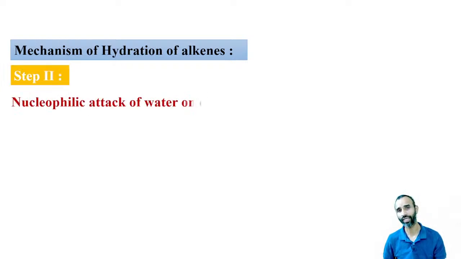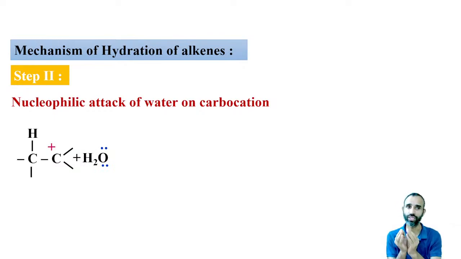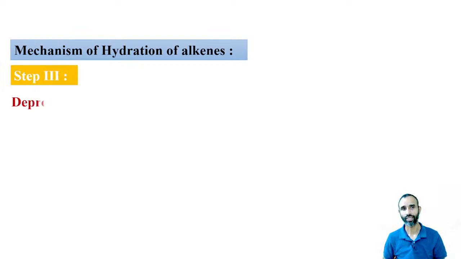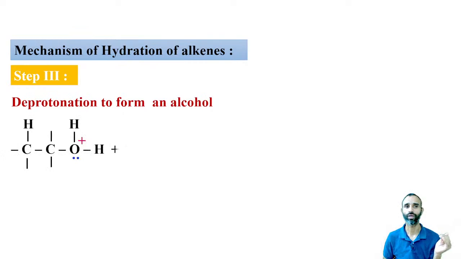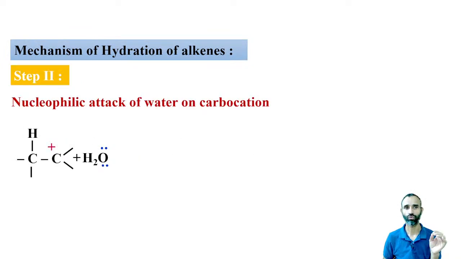And after getting this carbocation, now water will attack on this carbon, and water acts as a nucleophile. So this nucleophile attacks, and we get protonated alcohol. This is protonated alcohol. And then in step 3, there is deprotonation to form an alcohol. So you noticed one thing, that this one step is reversible.